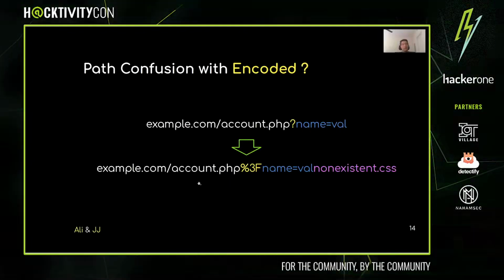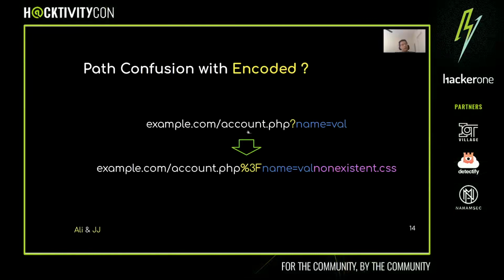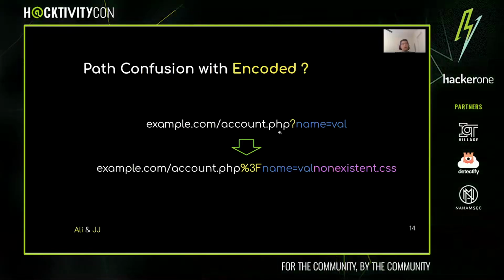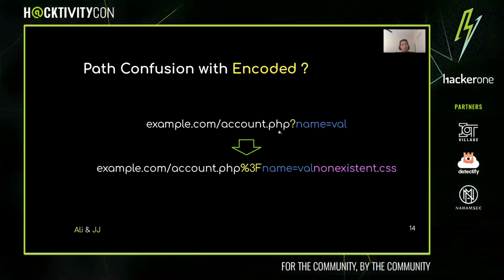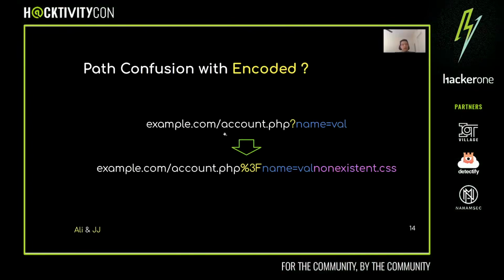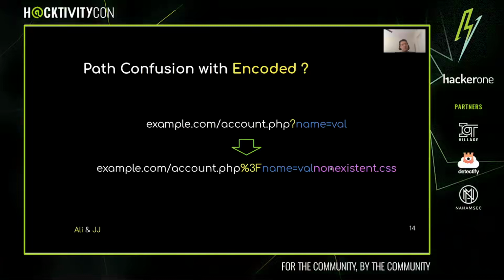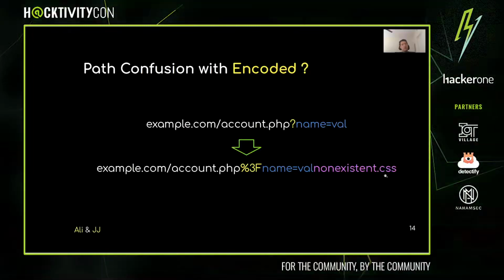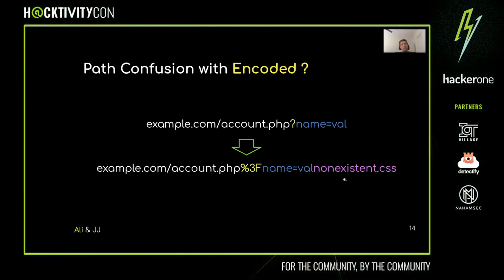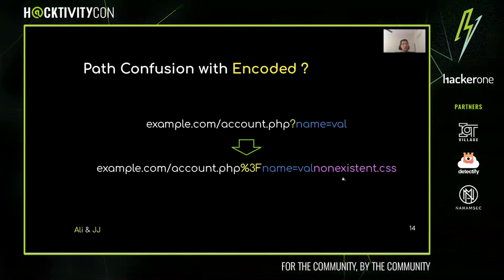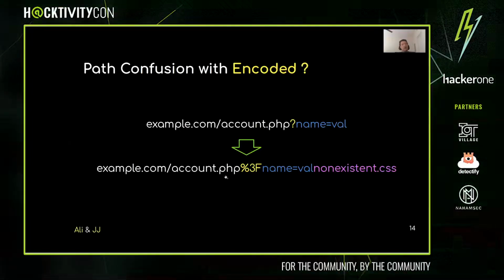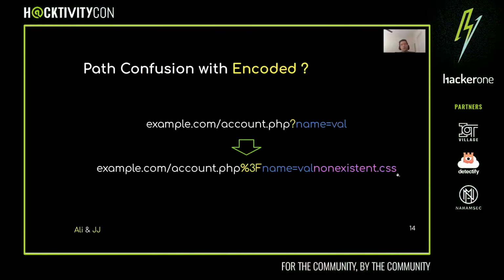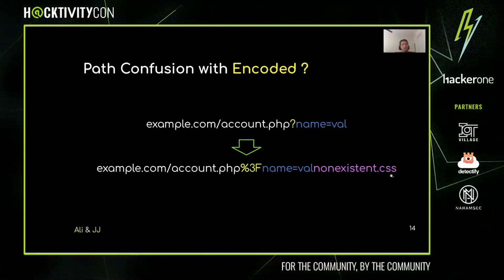But in reality, because path confusion happened, account.php is only considered as a file inside the web server, and the path is a slash. This confusion might actually trigger the cache rules by saving the response of account.php based on the extension, which is CSS.